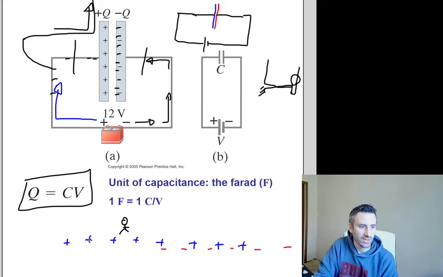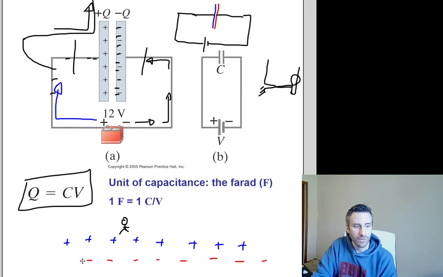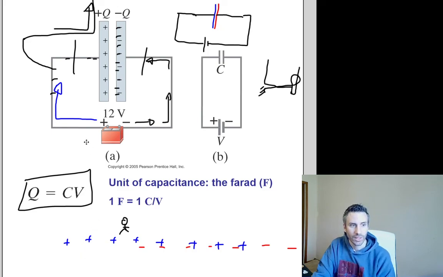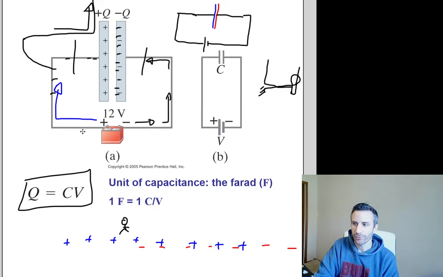So we have a positive flow to the left and a negative flow to the right. Even though the positive charges aren't actually moving, all motion is relative. Remember that. As the electrons are moving to the right, relative to them, the protons are moving to the left, and so we can actually talk about the positive flow. If you don't like that, don't blame me, blame Benjamin Franklin for getting it all wrong in the first place.